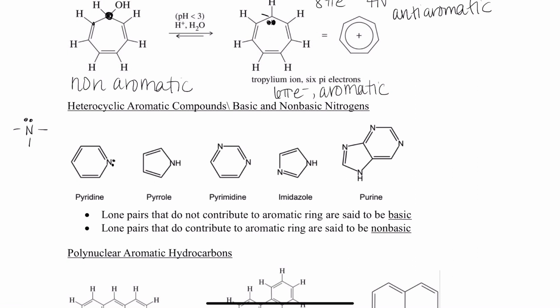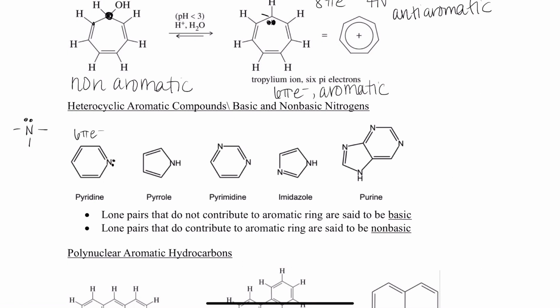And this lone pair is going to be in an sp2 orbital. So this is not going to be participating in our ring. If we were to count our pi electrons, we'd only count 2, 4, 6. We would not count the lone pair right here. So this has 6 pi electrons.